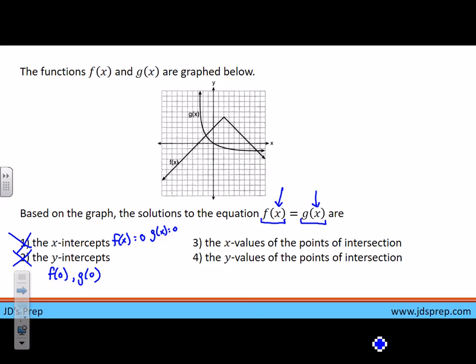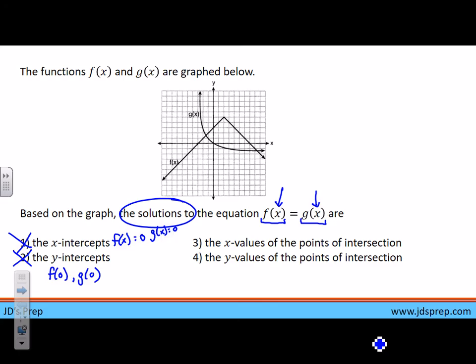The real question here is, which one of those two are we referring to by the solutions to the equation? And the answer to that is that we are looking for the x coordinates where this equality happens. Once we have the x coordinates where this equality happens, we are guaranteed at that point to have the y coordinates be the same.